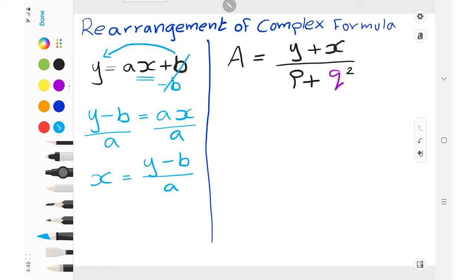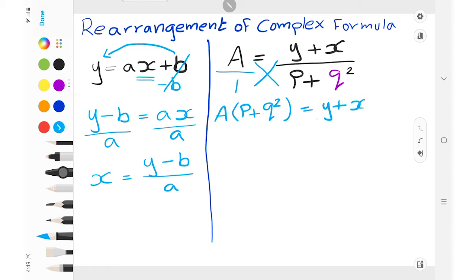I want it without the square. So first I will do cross multiplication. This is 1. So I will get a multiplied by p plus q squared equal y plus x. Then I will divide by a. I want q alone.